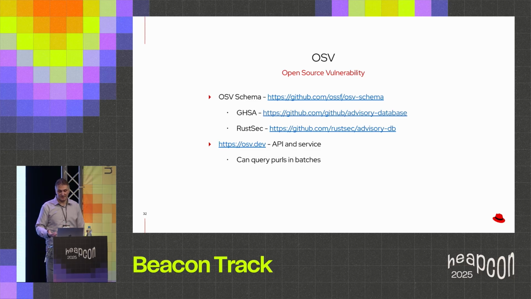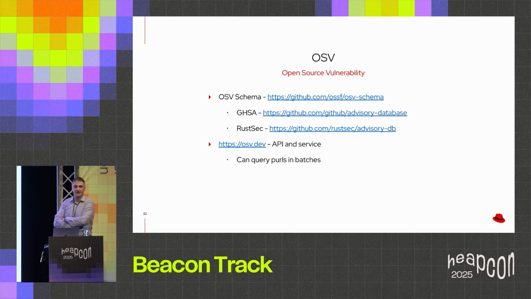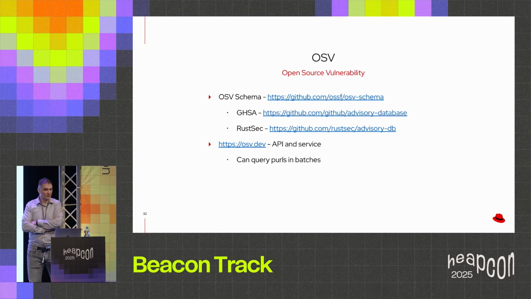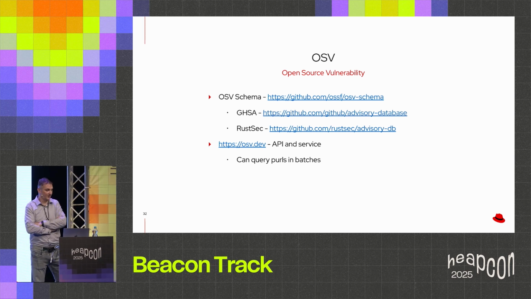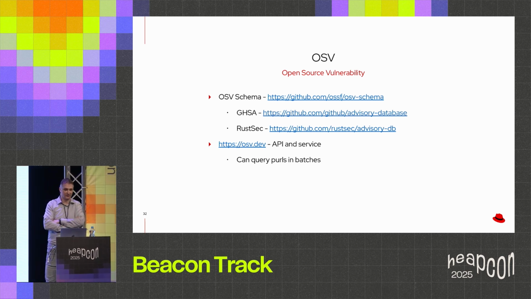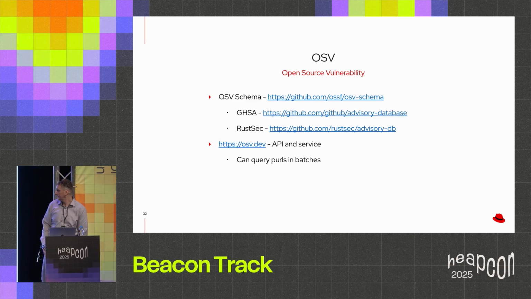One good thing also for the OSV is the OSV.dev service, also run and hosted by Google, where they try to aggregate all these different OSV sources and provide a nice API and service that you can query. So try to find the vulnerabilities in libraries that you are interested in.